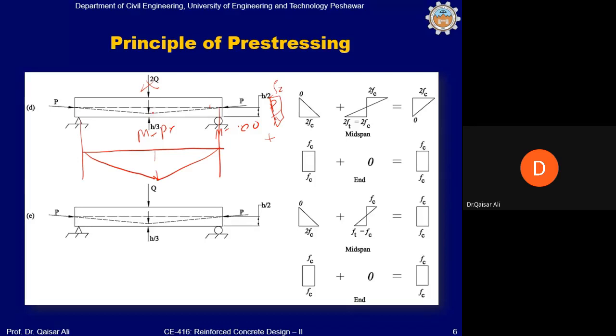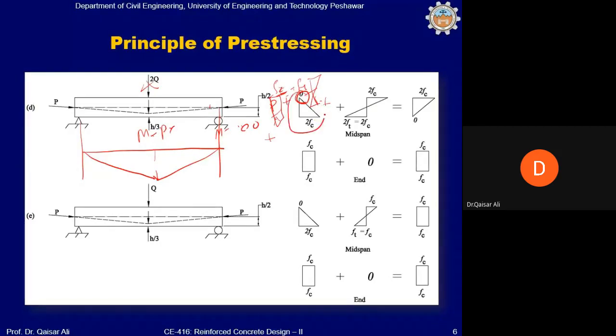The bending moment will give us Fc and Ft: Ft in the top fibers and Fc in the bottom fibers, just like the previous case. So this Fc when added to this Ft will give us zero stress in the top fiber, and this Fc in the bottom will be added to this Fc at the mid-span produced by the varying bending moment, and this will give 0 and 2Fc.